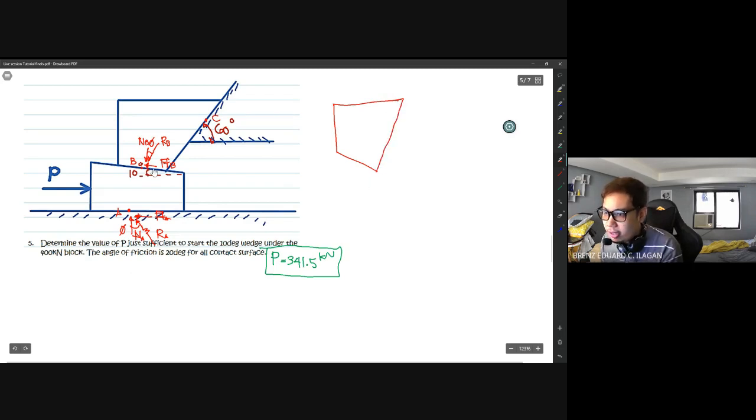Ngayon, nasabi ko dito nga, dito sa baba, ito pa kasi yung kino-consider natin, itong lower block. So, yung frictional force ko is going in that direction. So, kung papunta ito sa kaliwa, dapat dito, papunta sa kanan. Para mag-balance siya. And then, yung normal force ko is going in this direction. So, ito yung RB natin. Okay?